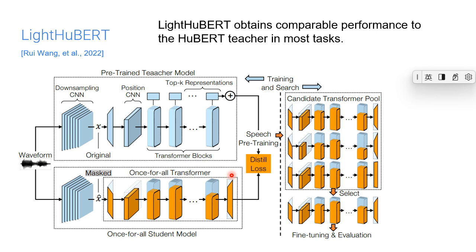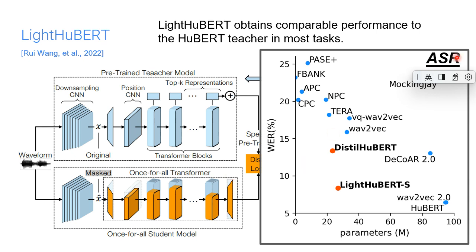So LightHuBERT used both knowledge distillation and the pruning approach. And LightHuBERT gets very good performance. It obtained comparable performance to the HuBERT teacher in most tests. For example, in ASR, LightHuBERT has almost the same model size as DistilHuBERT, but its performance is closer to its HuBERT teacher.